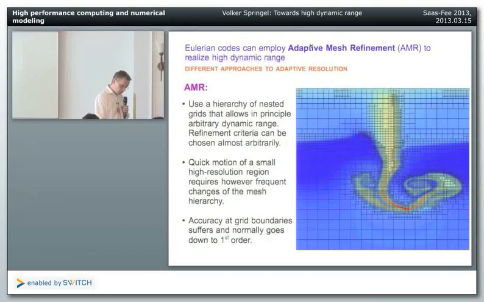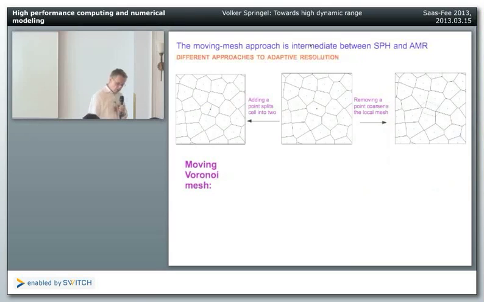I mean, you would ideally like to maintain the same order, right? Now the moving mesh code that I discussed yesterday also has a mesh, and on the other hand, it's also behaving like a Lagrangian technique, right? So it's a quasi-Lagrangian method, and however, you can also do mesh refinement here.